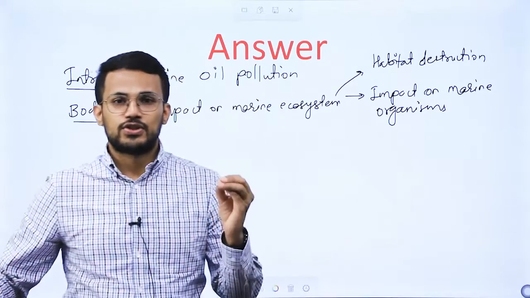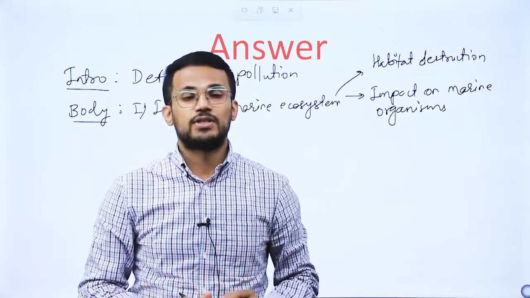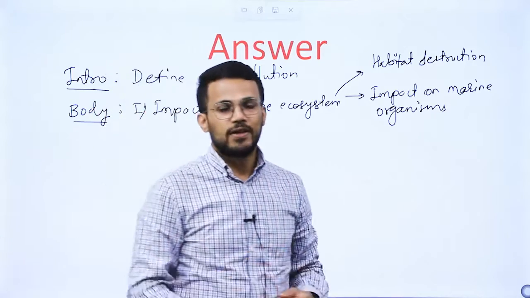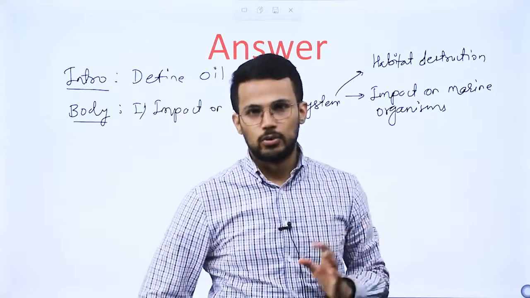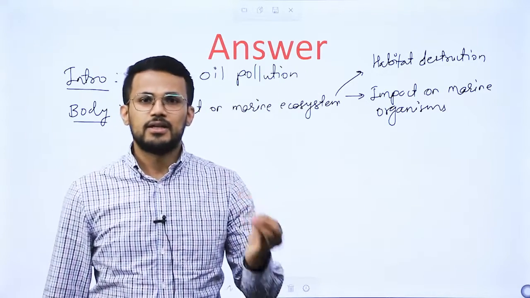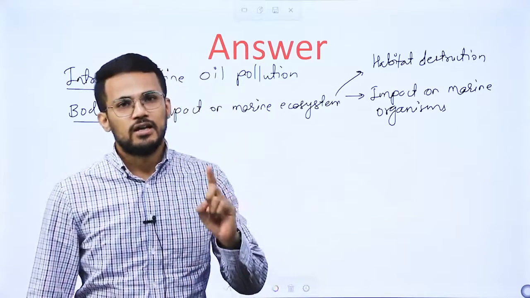Moreover, the fishes, especially the larvae of fishes, are more vulnerable to these kinds of toxic effects that may be posed by oil pollution. Similarly, the turtles may confuse oil as food and that may be ingested in the body.